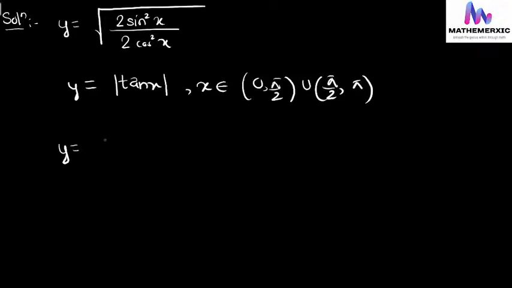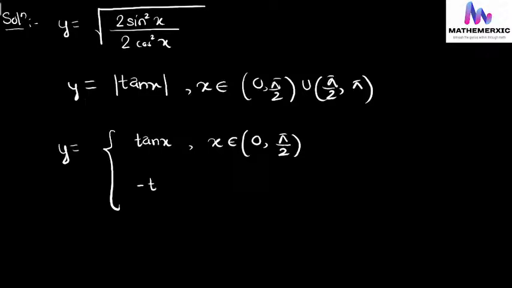y will be equal to tan x, x belongs to 0 comma pi by 2, and minus tan x, x belongs to pi by 2 to pi.